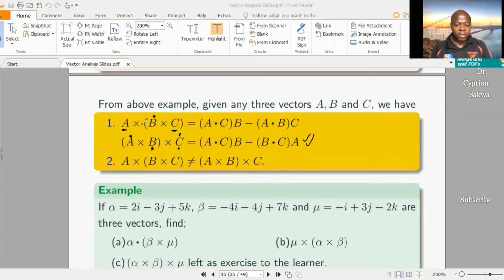What you notice is that these two are not equal. You cannot say that they are equal, and that's what I've written here, meaning that these two are not commutative.